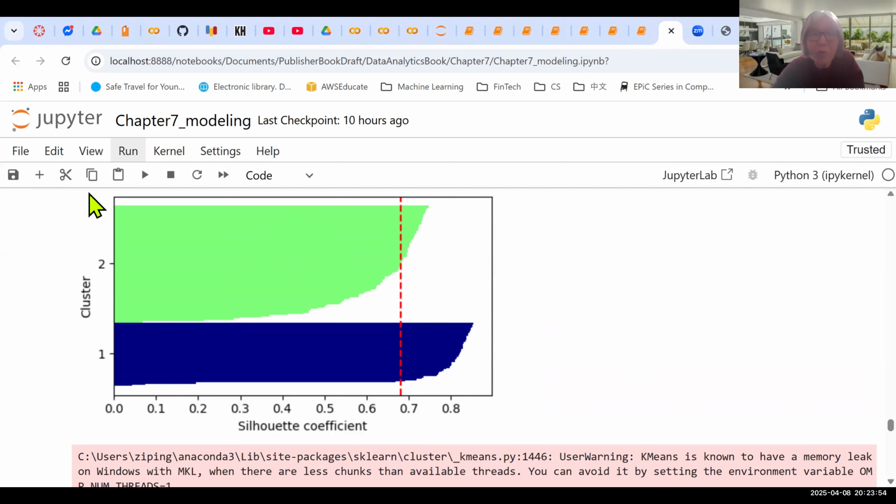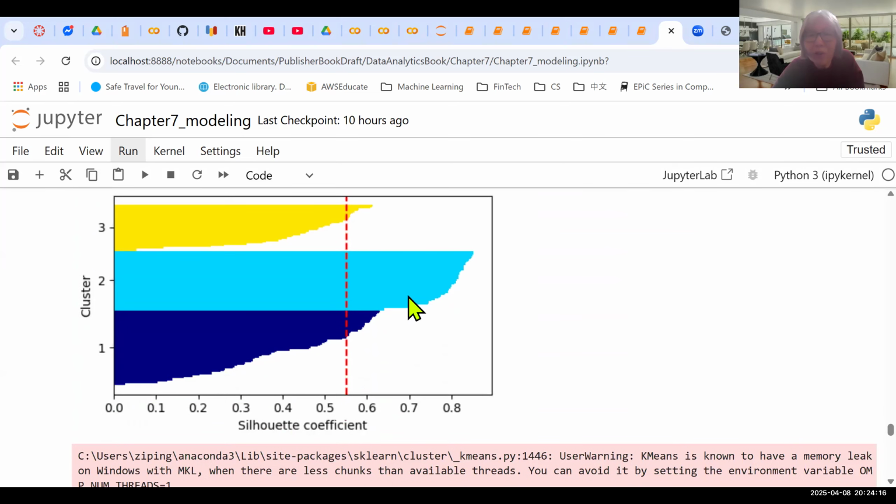And for the two clusters, so this is a silhouette, okay. You can see, so this is the average, and here is a silhouette score. And you can see it's also pretty good in this case, two clusters, okay. And if we take a look, three clusters looks like it's not as good as two clusters, is it?